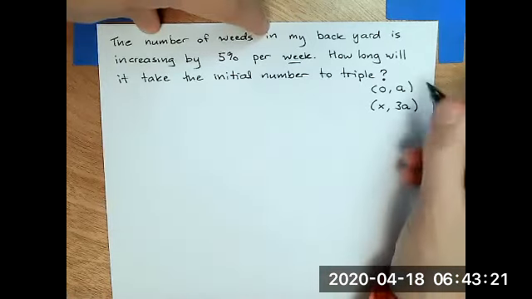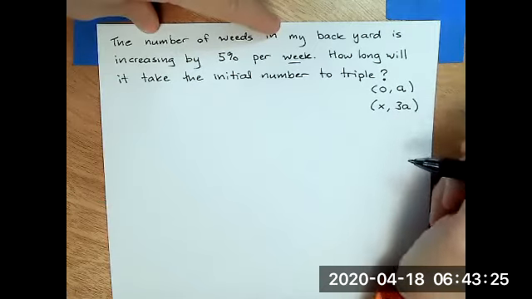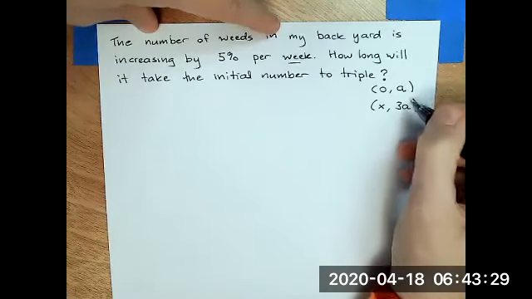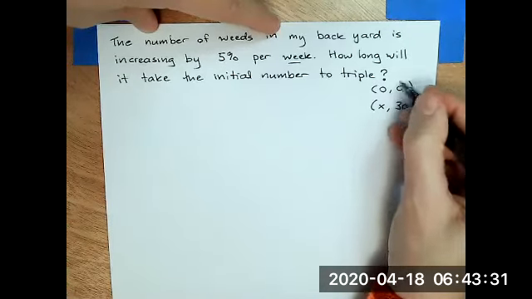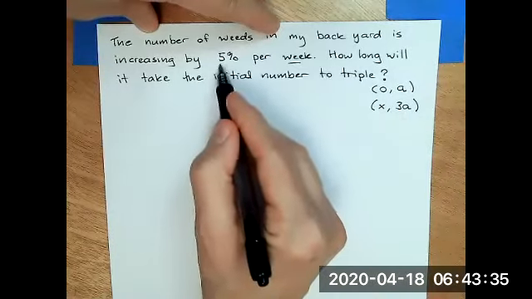And it turns out with an exponential function, the tripling time, doubling time, half-life, any of those, does not depend on the initial amount. It only depends on the rate of change.